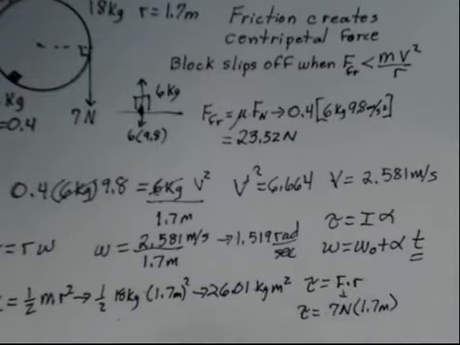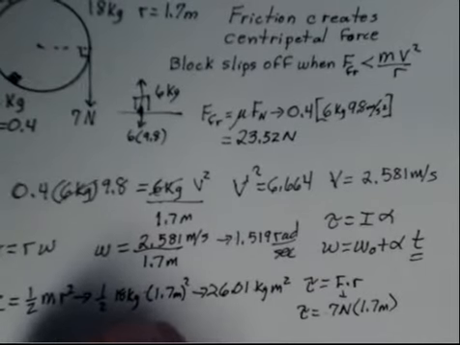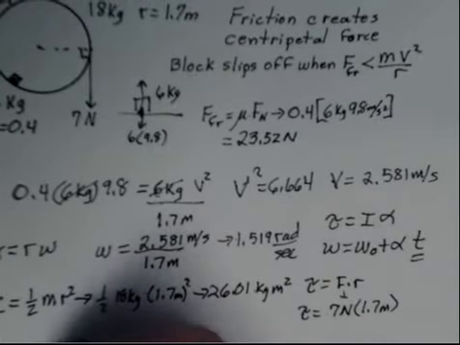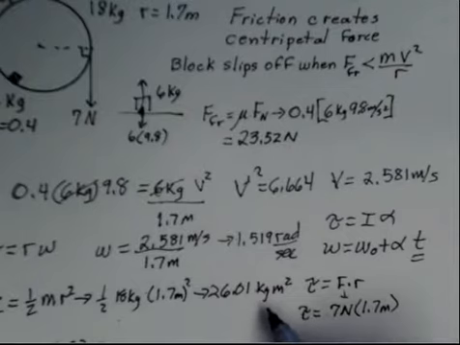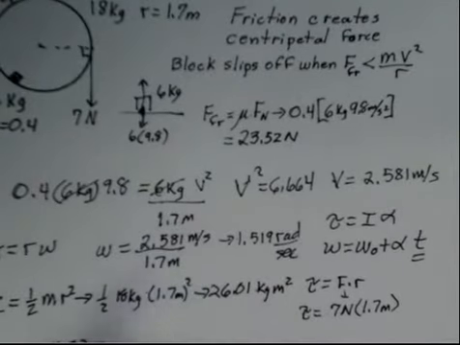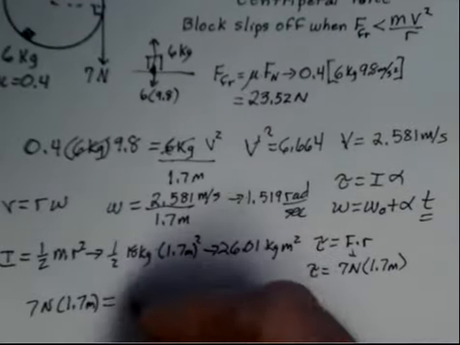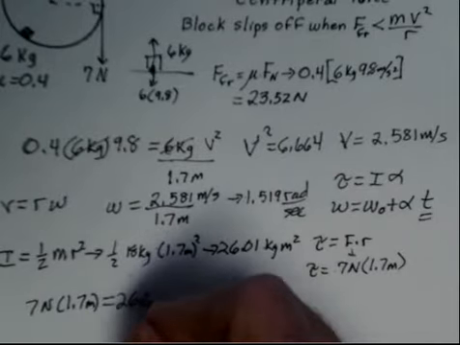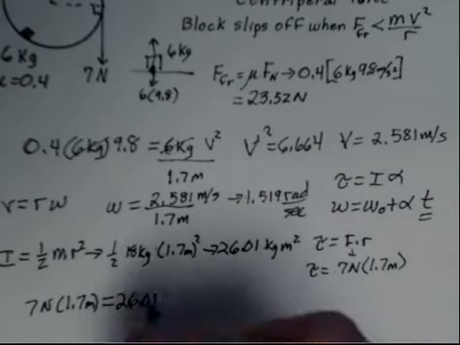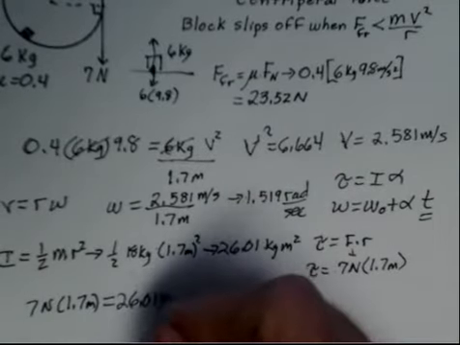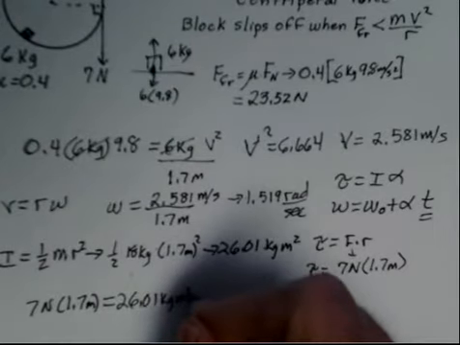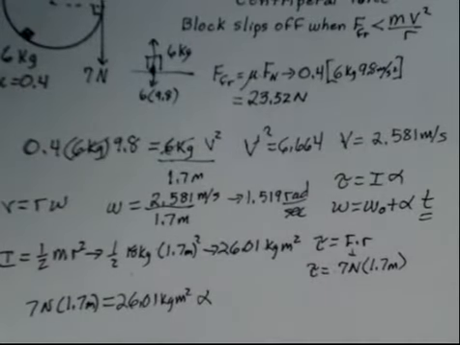So the 7 newtons and 1.7 meters. The I value is 26.01 kilograms meter squared. And that will be giving us a certain alpha.